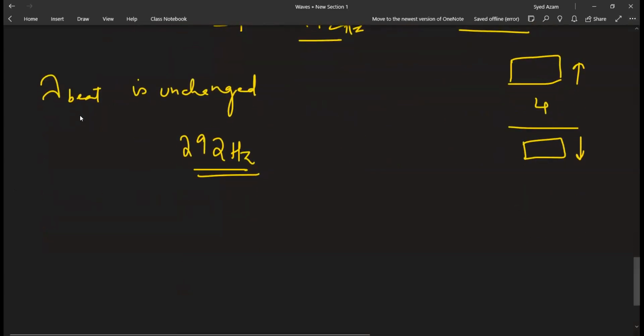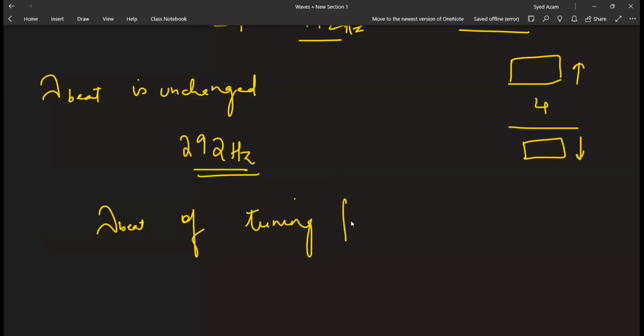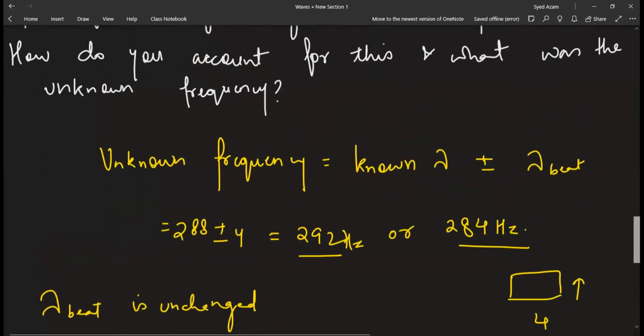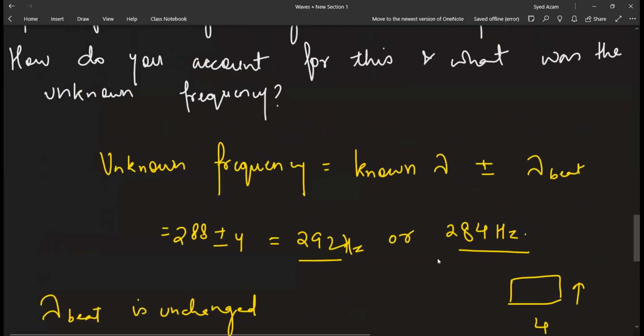Since the beat frequency is remaining unchanged, you will go by the normal phenomena which we have studied, that the frequency of a tuning fork decreases on loading. So you're going to choose a higher value. If it was increasing, then we would have taken a lesser value giving rise to a higher value. But right now something is decreasing, so a higher value giving rise to a lesser value.